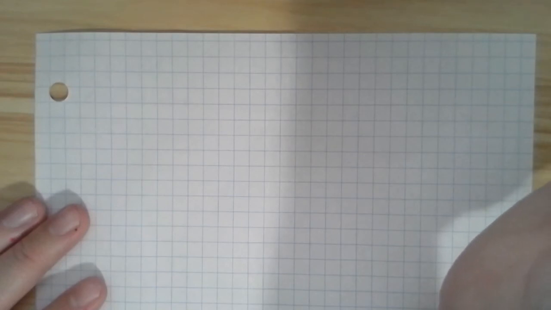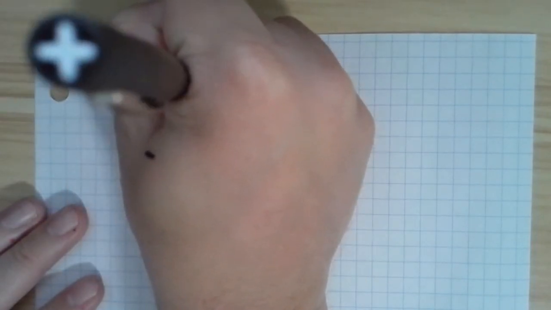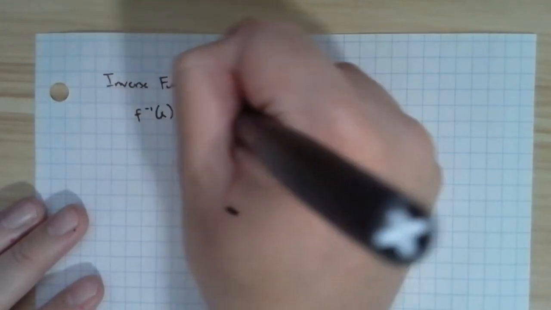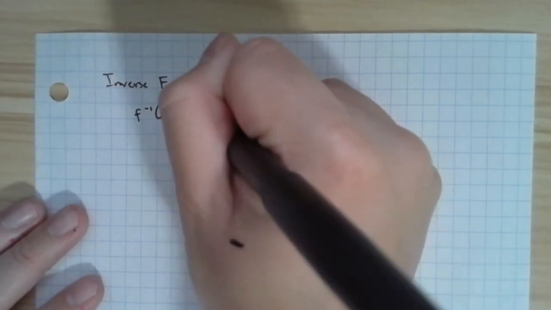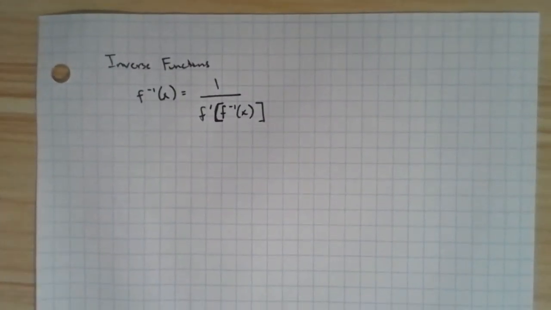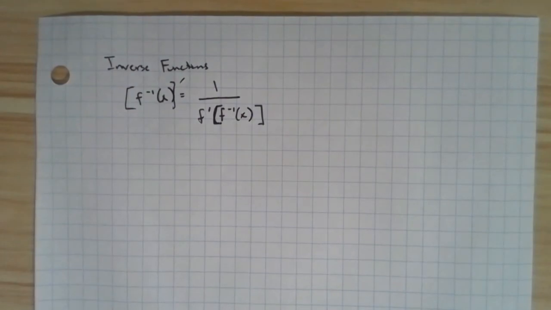It was covered in the AP Classroom videos, but to make note of it, the formula we'll be working with is: the derivative of f inverse of x is equal to 1 over f prime of f inverse of x. Okay, that's the formula.